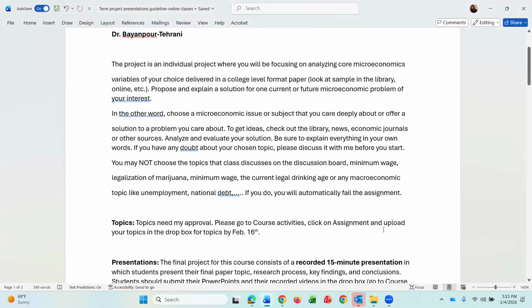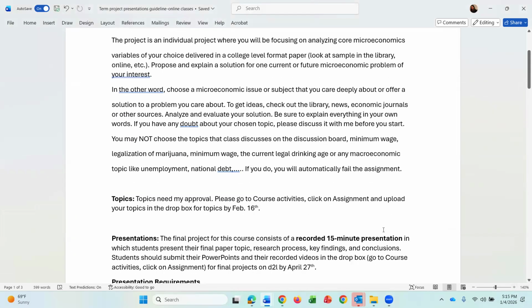And let me make it a little bit bigger. To start working on your project, which I hope that you find kind of fun because I'm changing things up this semester. I typically asked my students in the past to write a term paper for their project. But this time I'm just trying to change things up.